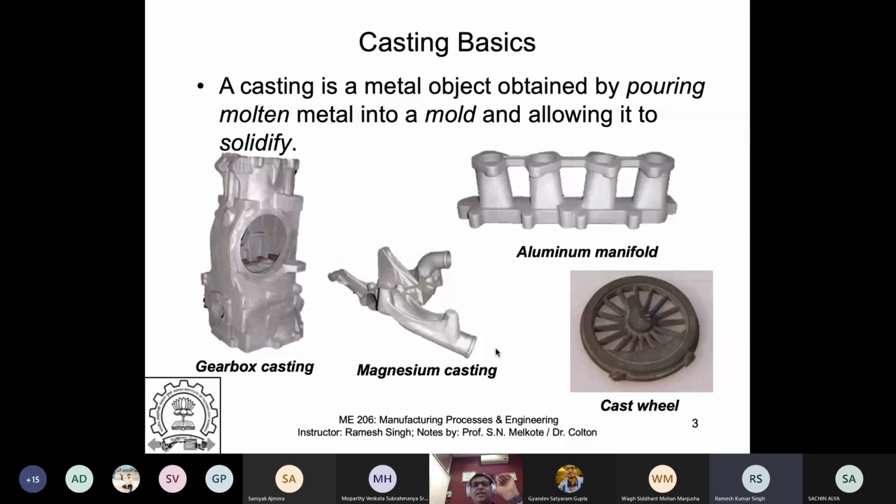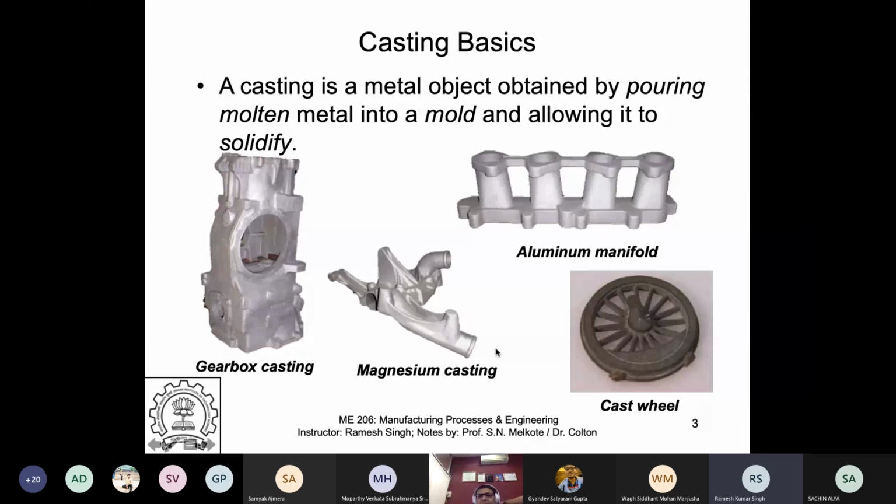If you remember, we showed you some casting in the first slide. In the first class, we showed you some of the things that were cast. One was the wheel, and the engine cylinder was cast.